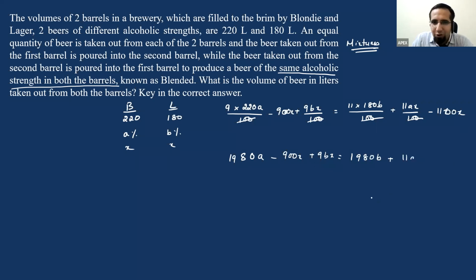Since we need to calculate the value of x and we see 1980a and 1980b together, let's bring that together. So this becomes 1980 times of a minus b. Clear, guys? This is what we get from here.